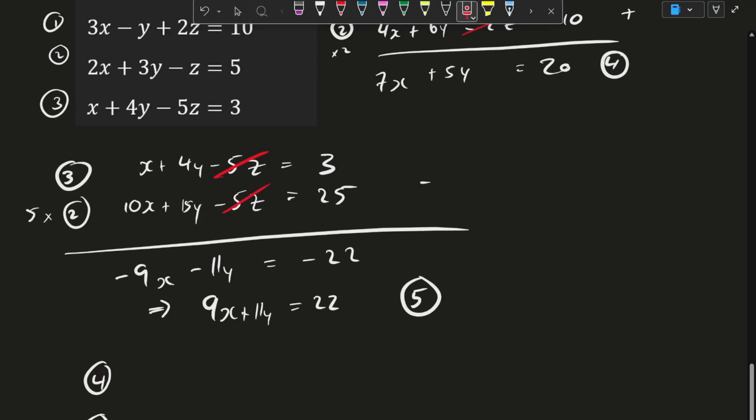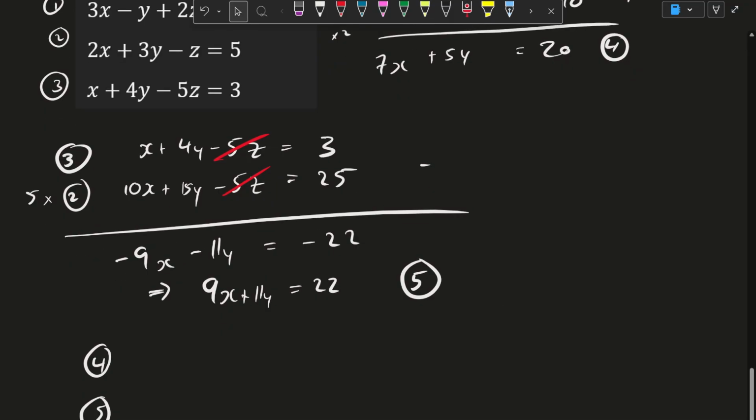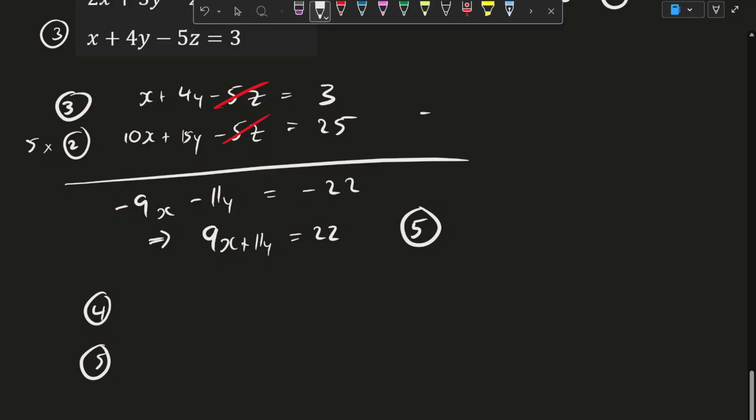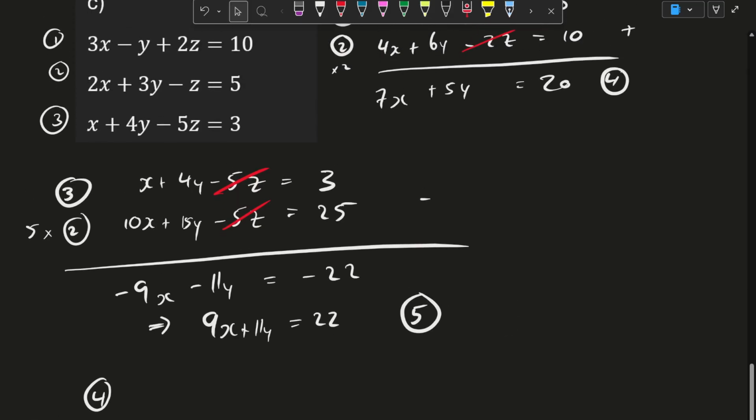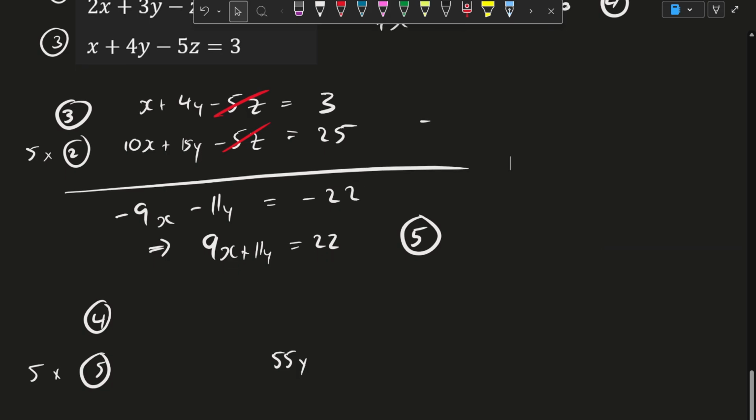What we need to do is pay attention to the coefficients. So in this one, we have an 11y, particularly in equation 5. And if we multiply that by 5, that'll give us a 55y. And similarly, if we take equation 4 but instead multiply it by 11, so take this equation and multiply it by the other coefficient, we're also going to get a 55y, and both of them happen to be positive 55y.